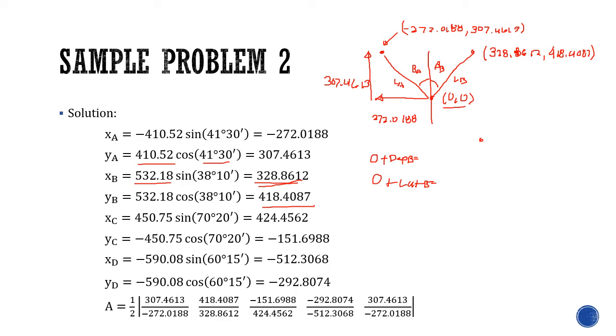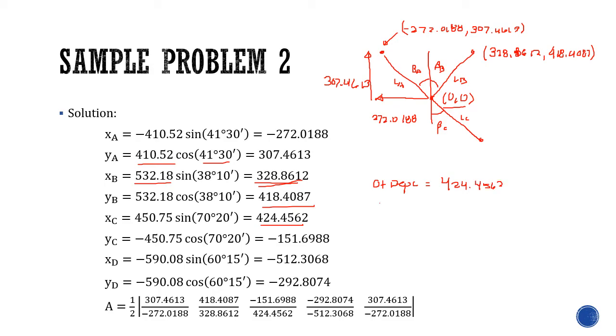Paano naman yung C? Nandito yung C. This is the bearing of C, this is the length of C. Ganun din, paulit-ulit lang. The x component of P is 0 plus the departure of C, edi yun din, 424.4562. Positive kasi going to the east.